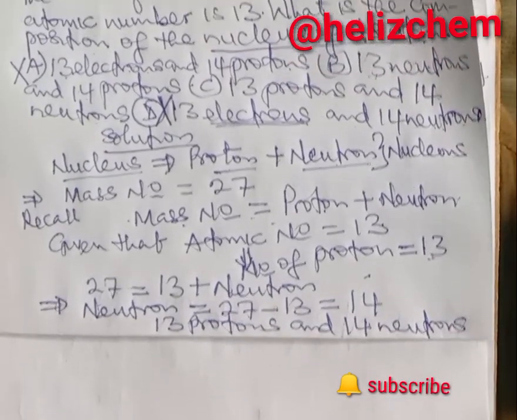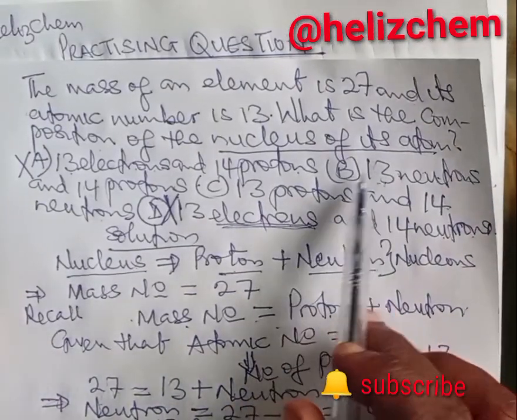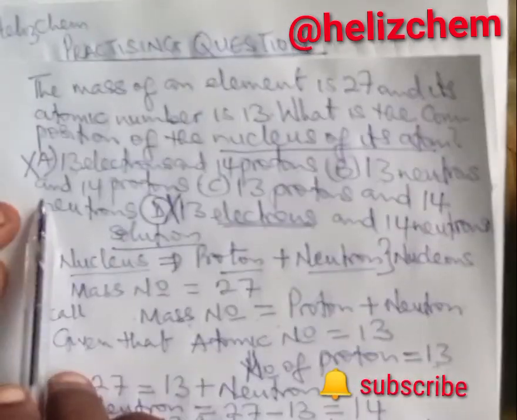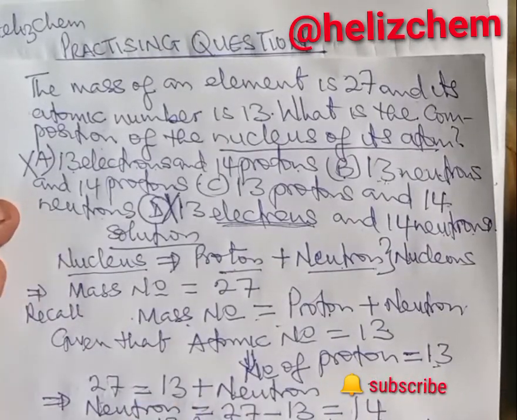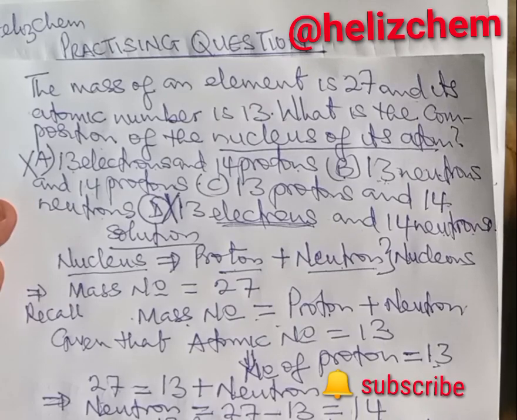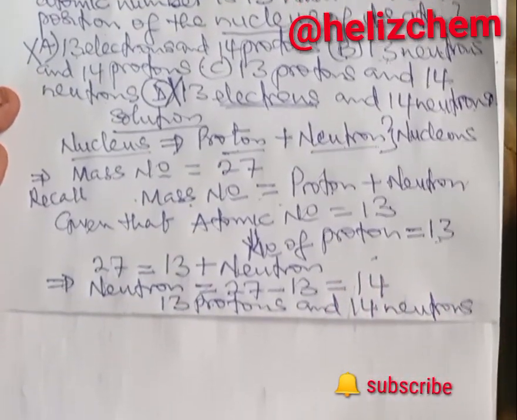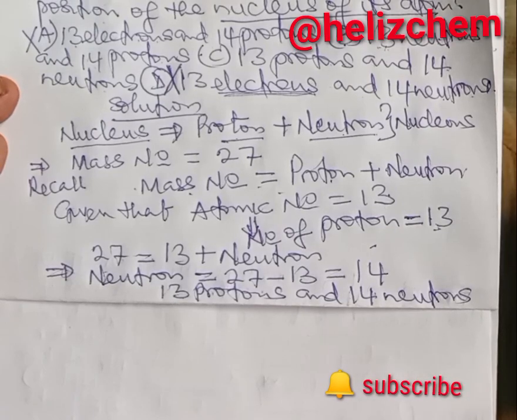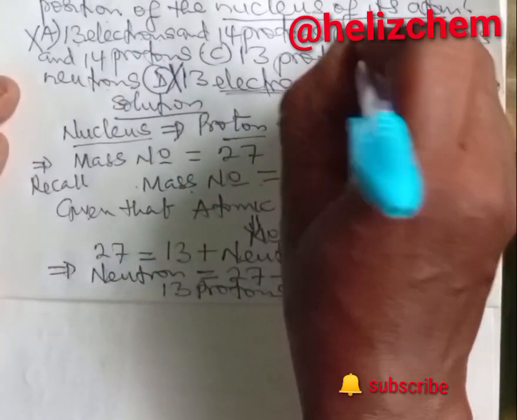We are left with two options now, which is option B, 13 neutrons and 14 protons. Is it correct with this? Don't forget, this is what we get. 13 protons, 14 neutrons. So option B is not correct.